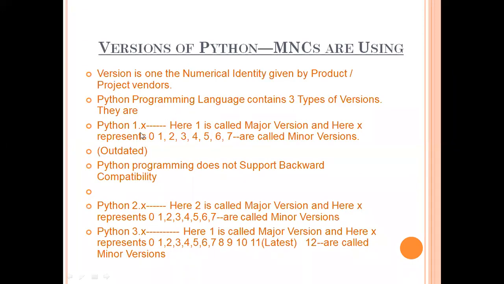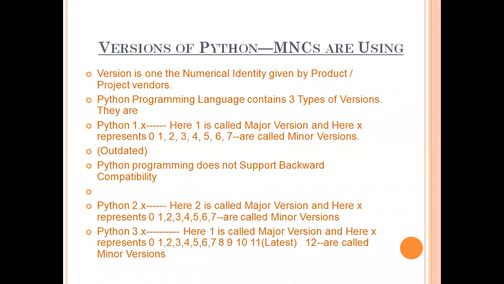First, the major version which took place earlier was 1.x. 1.x was the version which just started. Here, 1 is the major version and x represents the minor version. Earlier it was 1.0, 1.1, 1.2, 1.3, 1.5.